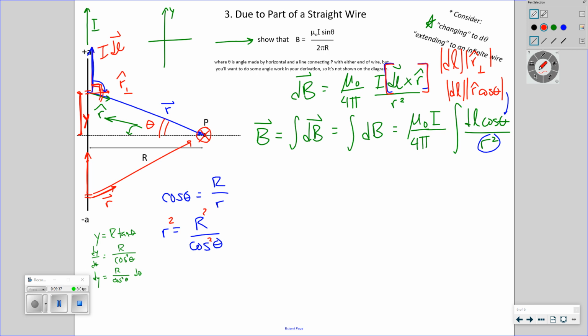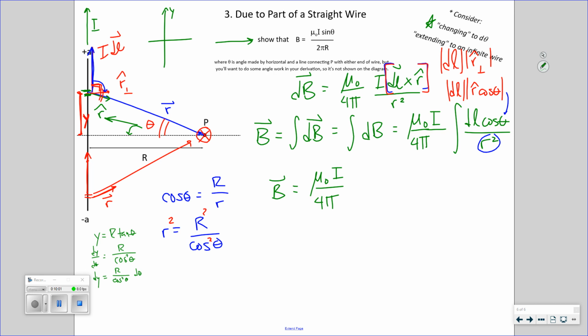Now, we can continue and say that our B vector is mu naught I over 4 pi. dL is dy. We okay with that? dL is dy. This is our dL, top left in the diagram. That's a dy.